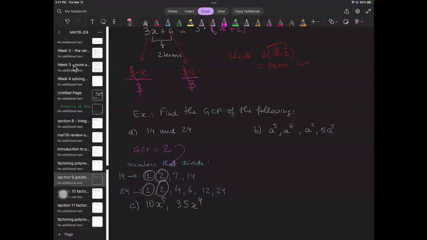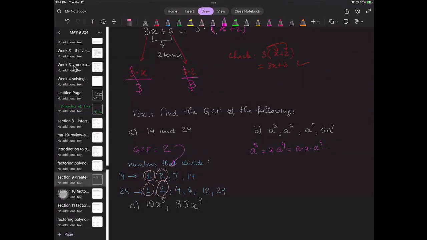So what these terms have in common, as you can see, is they all have a as a factor, right? So let me put here, for example, a to the 5th. A is a factor because it's a times a to the 4th. You can write a times a to the 3rd, and so on. So there are many different ways you can write this. But a is a factor.